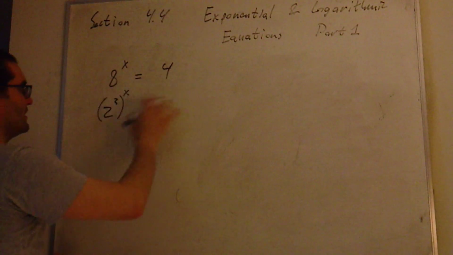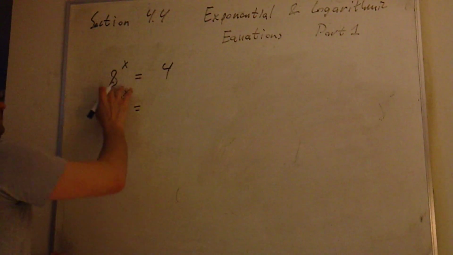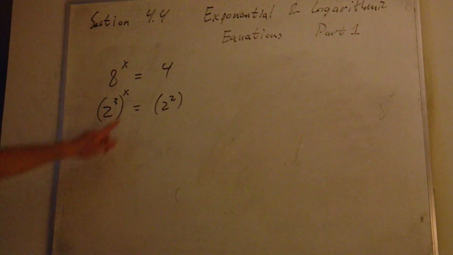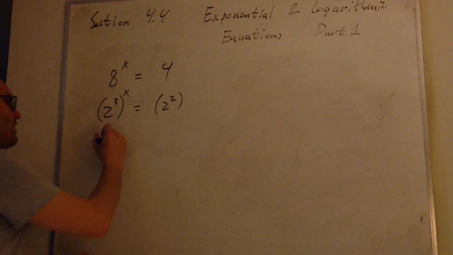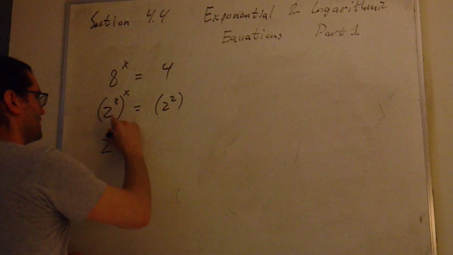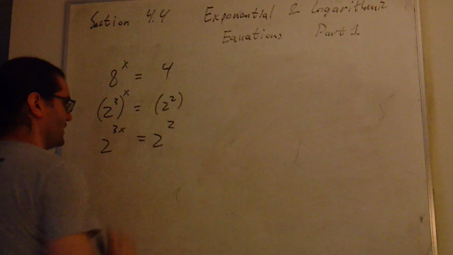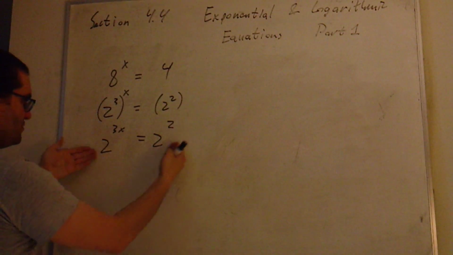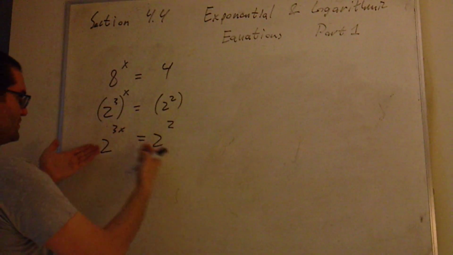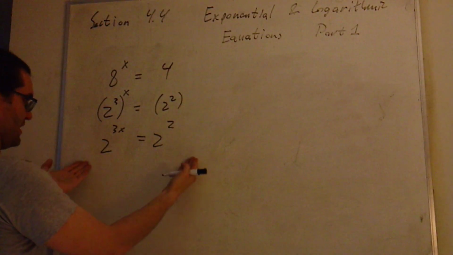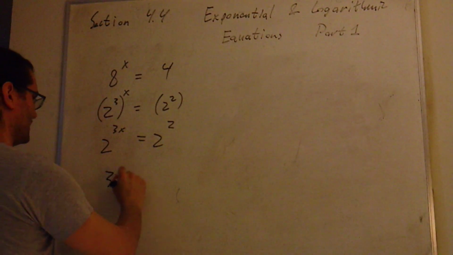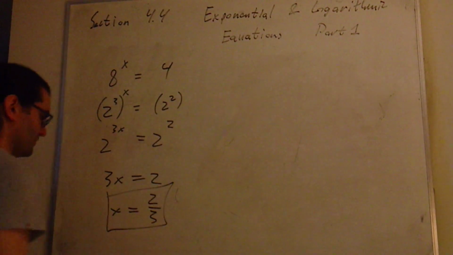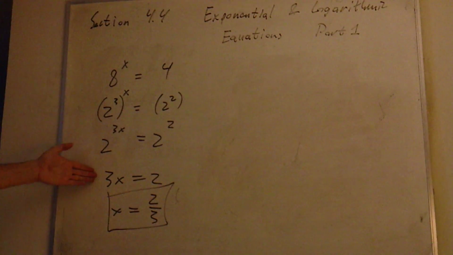The base that connects 8 and 4 is 2. So I'm going to turn the 8 into 2 cubed and the 4 into 2 squared. I'll leave the x on top of this. So here we have 2 to the 3x equals 2 squared. And again, you can either take the log base 2 of both sides, or you can just reason that if these are the same, then the exponents must be the same, and you get 3x equals 2, and x should be 2/3 from this linear equation.